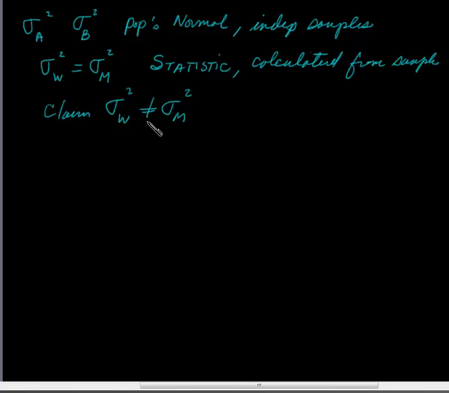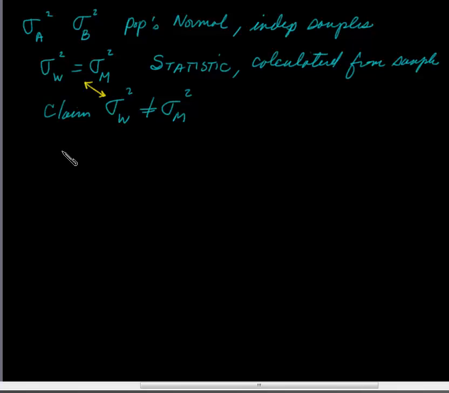Of course, we know already that this is going to have to be a claim in the alternative hypothesis, because it does not contain equal, and the thing that would stand in opposition would be sigma squared W equals sigma squared M.